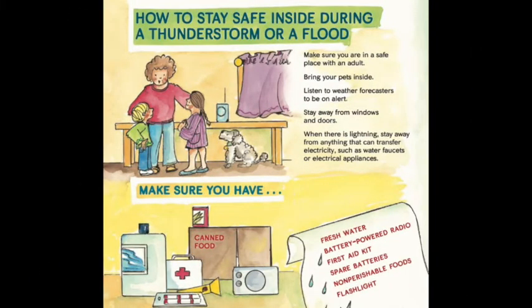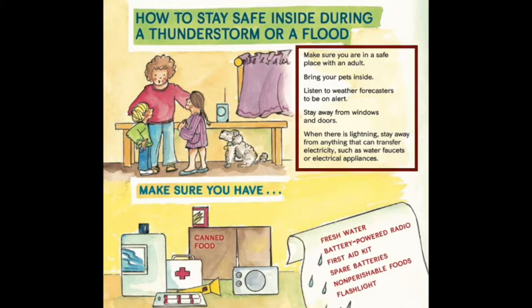How to stay safe inside during a thunderstorm or a flood. Make sure you are in a safe place with an adult. Bring your pets inside. Listen to weather forecasters to be on alert. Stay away from windows and doors.